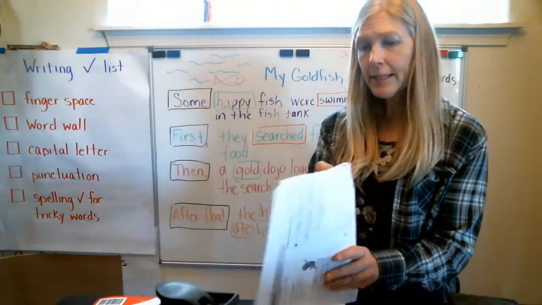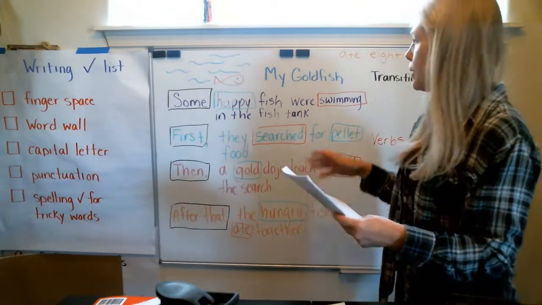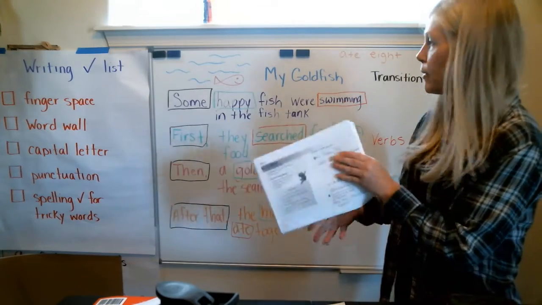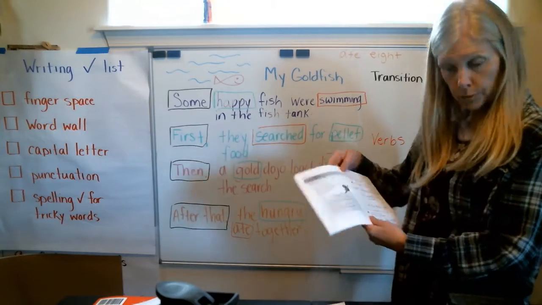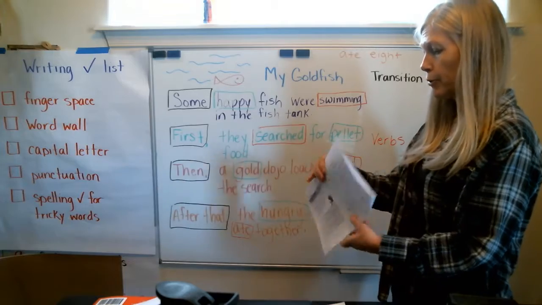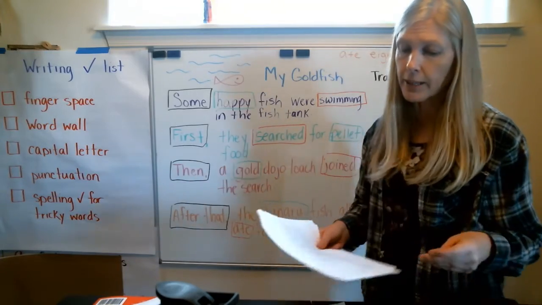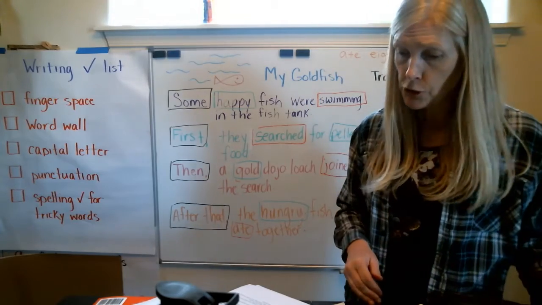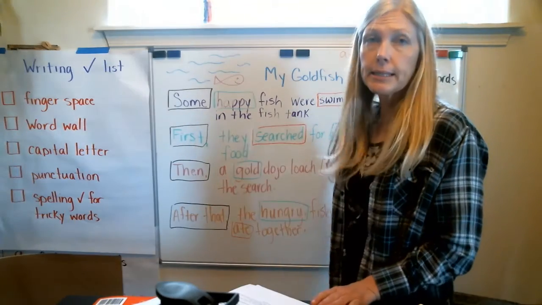In your packet, for writing, remember you have your part of the packet where you can go, you already chose your animal, you can write your short story about your animal. But here are some modifications, parents, for your writer. So if your writer needs additional support, you could complete this together.